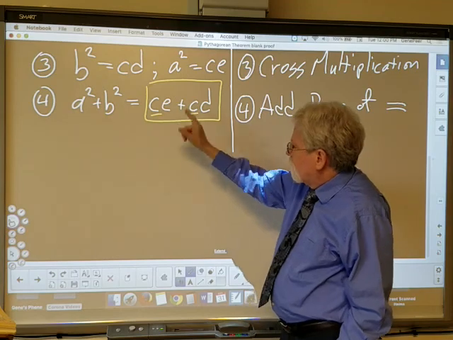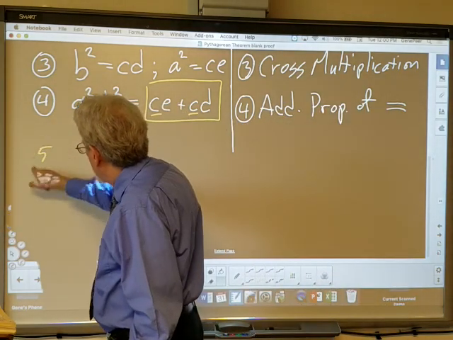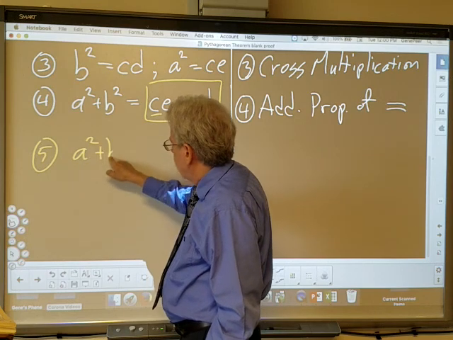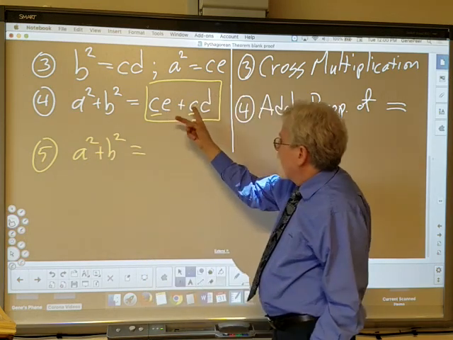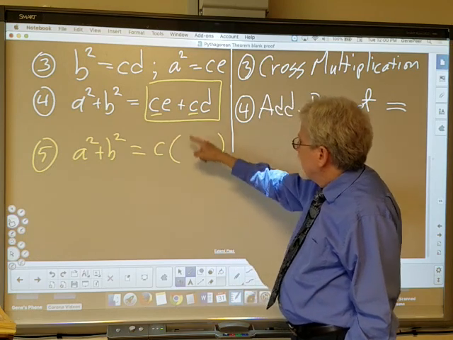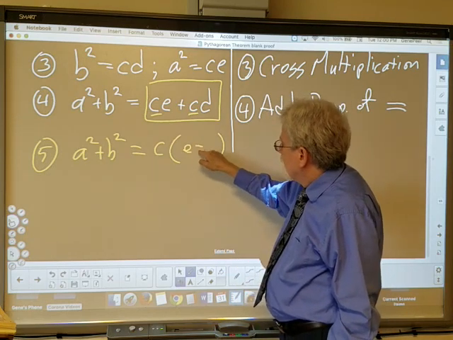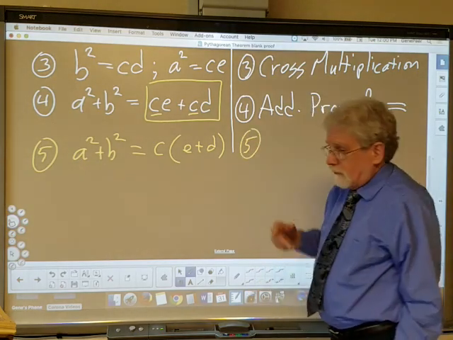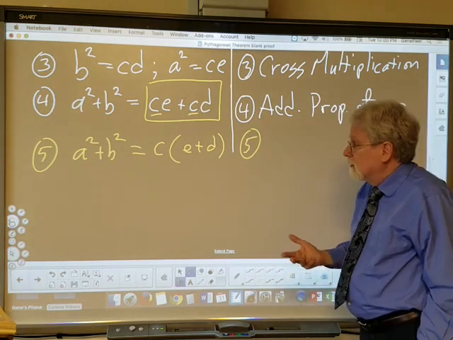So I'm going to factor this. Statement number 5. Bring down the a squared plus b squared. Then factor out or undistribute, take the C out. I'm left with E plus D. Why is that legal? It's nothing more than the distributive property.